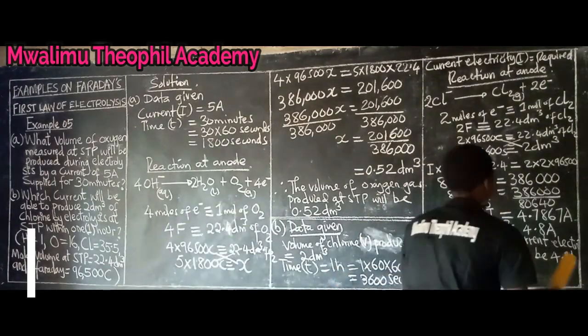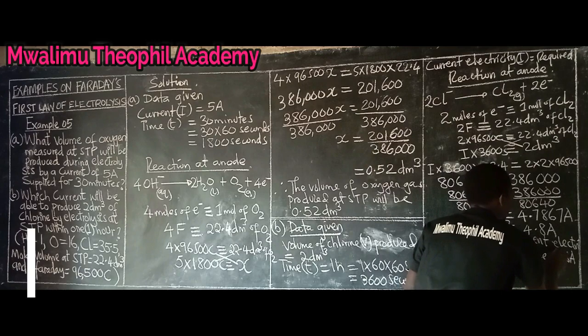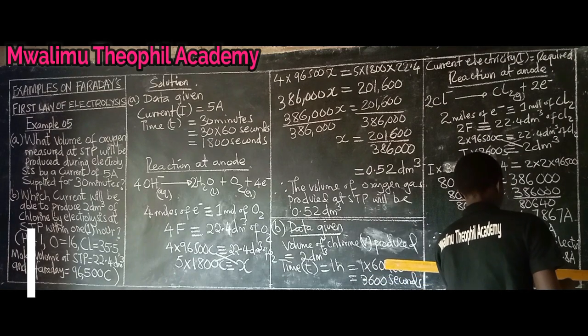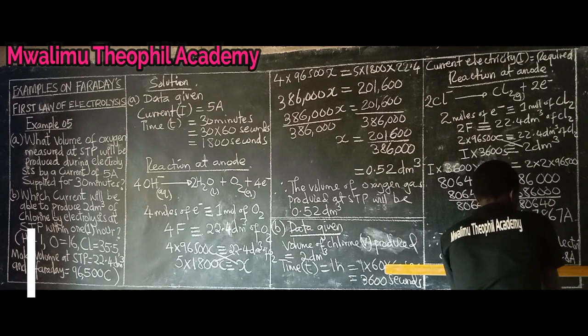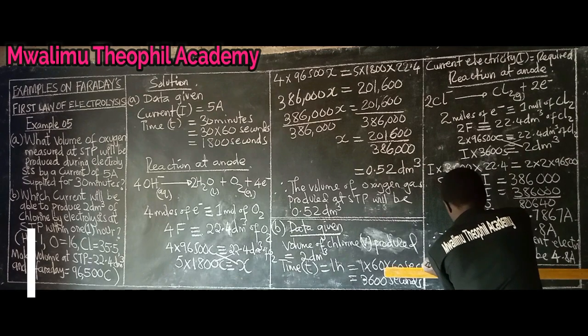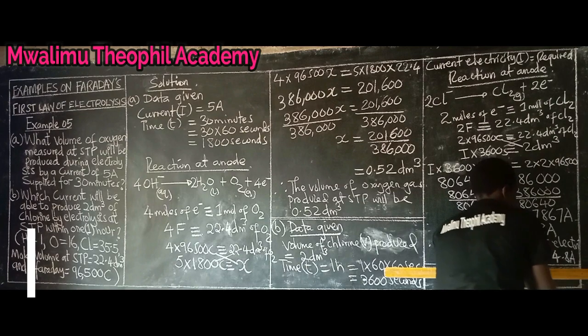And this is the answer for example 5, part B. For example 5, part B, the answer is 4.8 amperes.